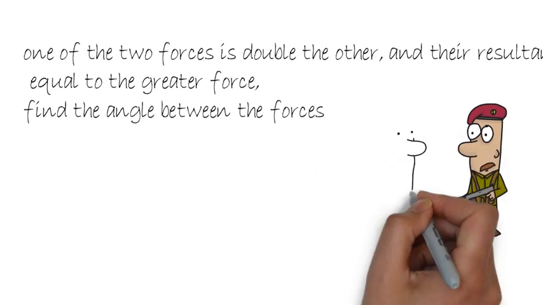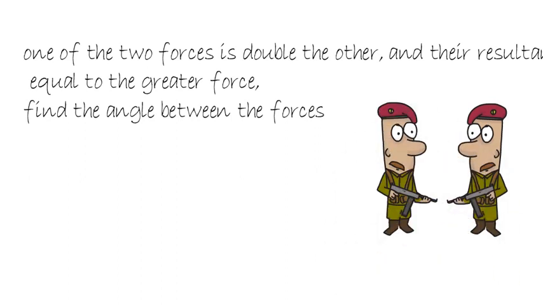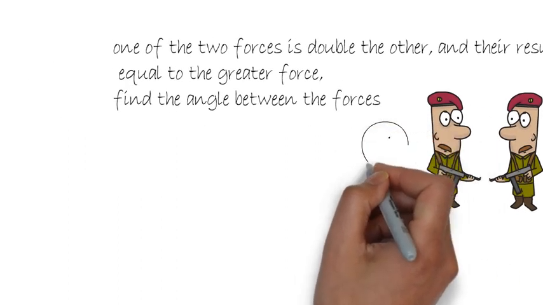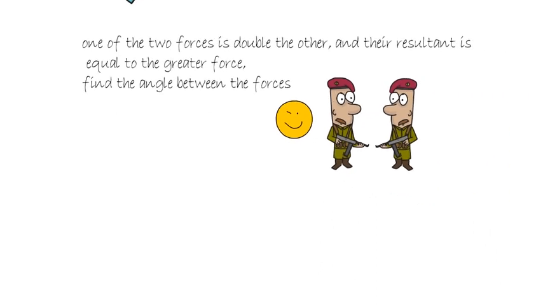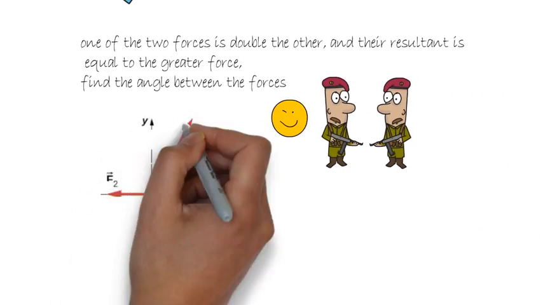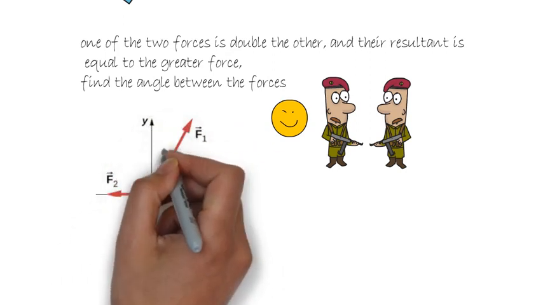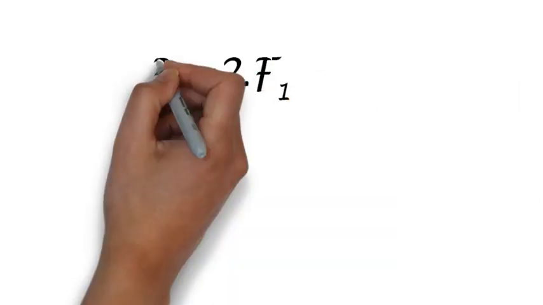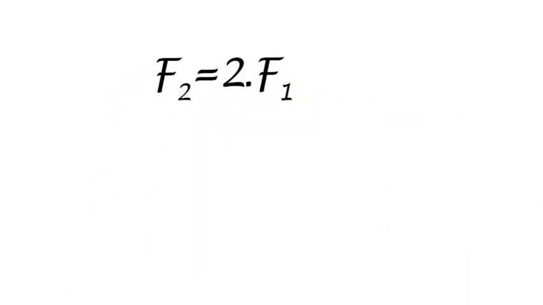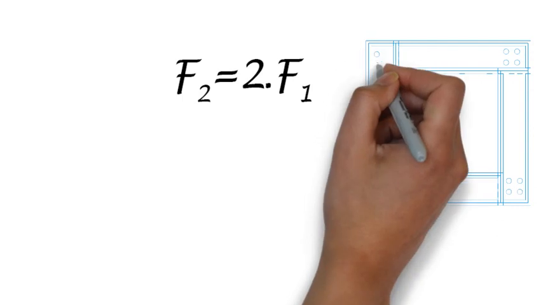So guys, what they actually say is you have two forces. Let's say you have force F1 and force F2 at a certain point. The question says that the second force is twice the other force.